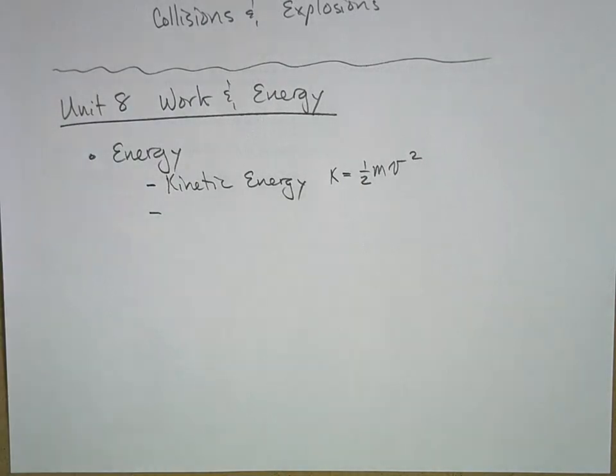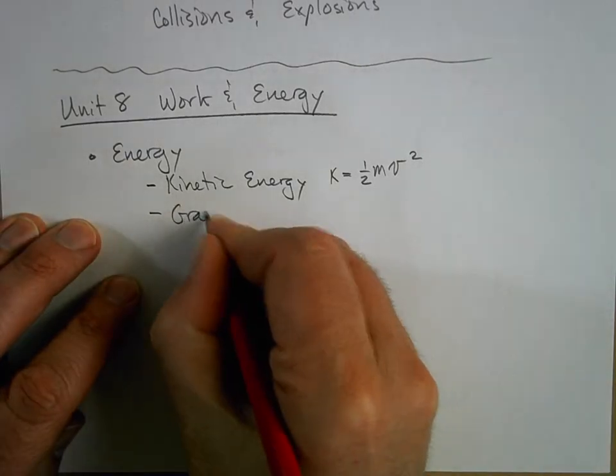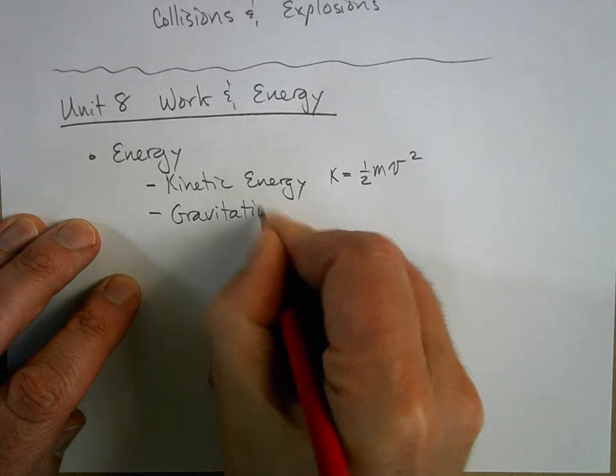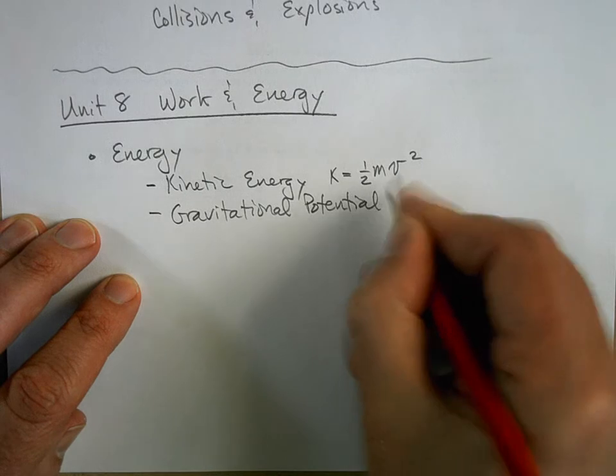Then we talk about the energy that gravity, the work that gravity can do. If I hold a bowling ball 20 feet over your head, that's got a lot of potential to make changes to your environment once again. If you ever drop something on your foot, that something has mass and it has height in a gravity field, it can make change. So we call that gravitational potential energy.